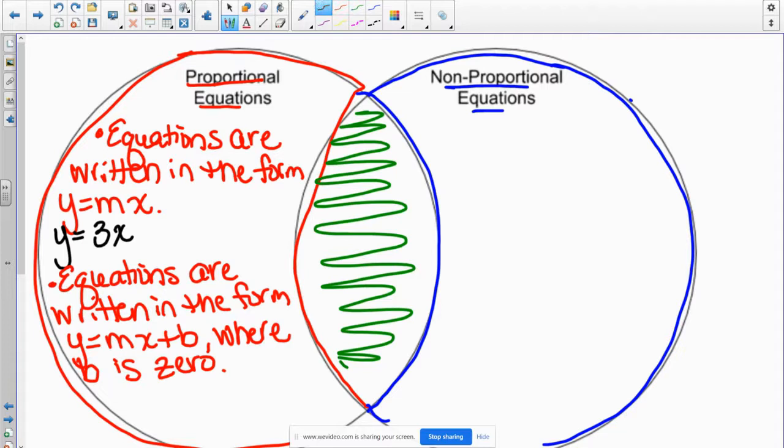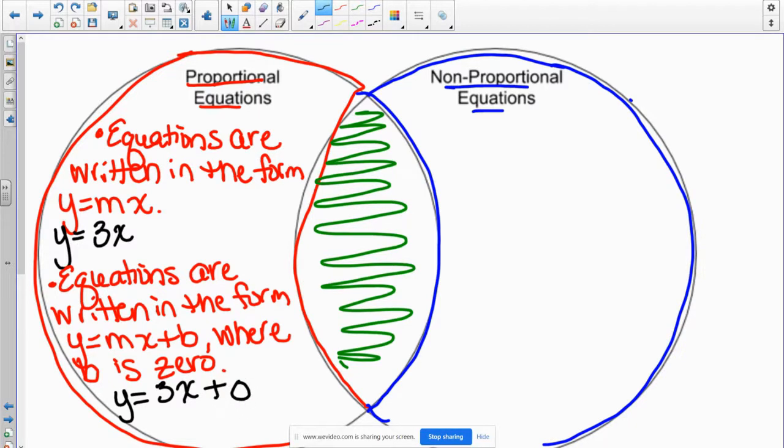So for example of that, y equals, we'll have the slope again, 3x plus, and then remember the b, the y-intercept has to be 0. So notice these two examples I gave you. They are the exact same idea, except you don't have to write the y-intercept as 0.